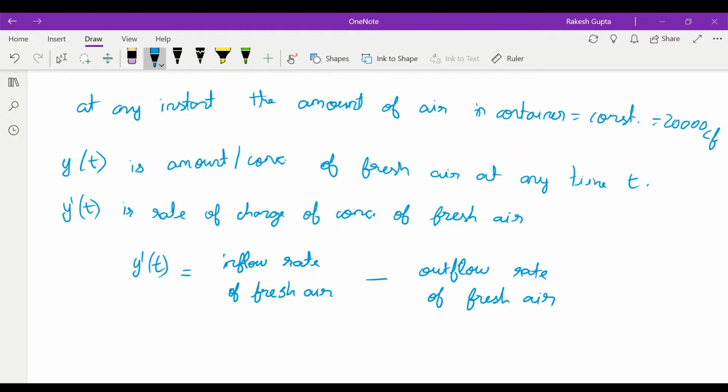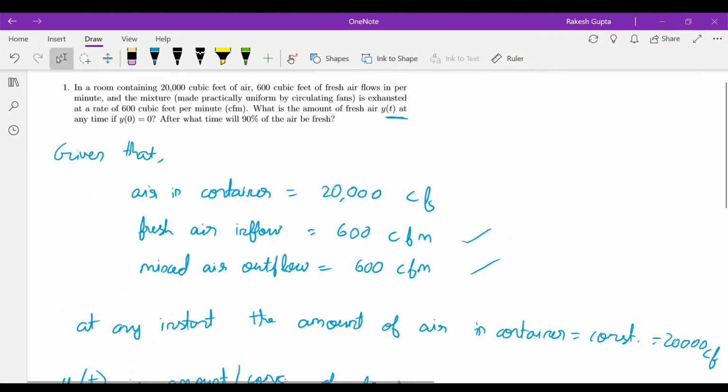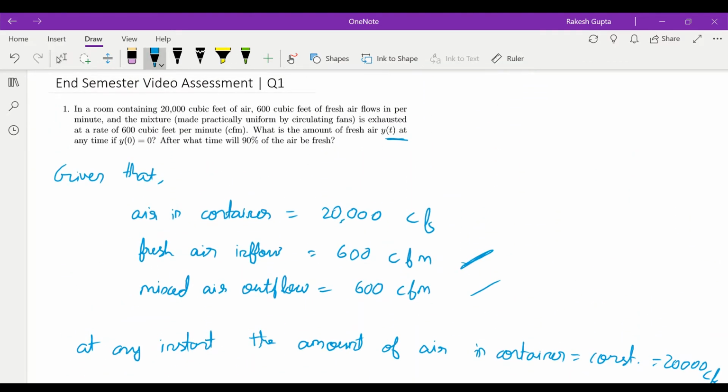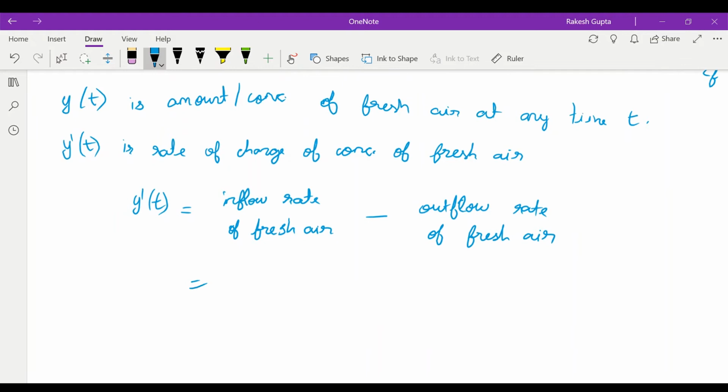Now, we know that the inflow rate of fresh air is 600 cubic feet per minute. So we write it as 600 subtracted by the outflow rate of fresh air. To calculate the outflow rate, we can just cross multiply. For 20,000 cubic feet of air, the outflow rate is 600. So for 1 cubic feet of air, the outflow rate is 600 divided by 20,000.